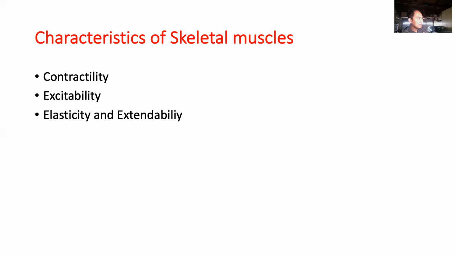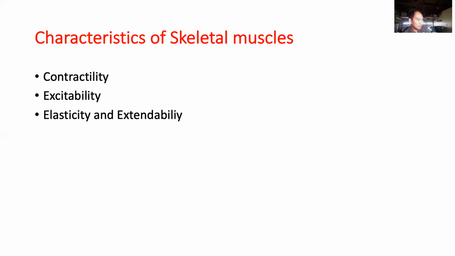What are the characteristics of skeletal muscle? The most important are contractility and excitability. Contractility means when there is a stimulus, like electrical or thermal, it will contract.